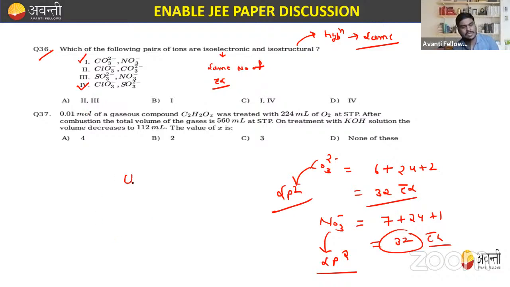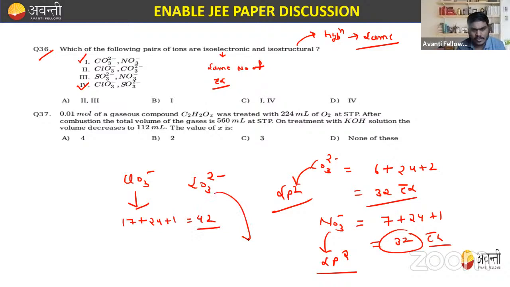That is ClO3 negative and SO3 twice negative. If I'm talking about ClO3, Cl having how many electrons, beta? Chlorine having 17 electrons plus oxygen having 8 into 3 is 24, plus 1. This comes out to be 42.